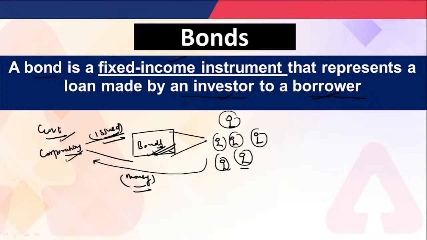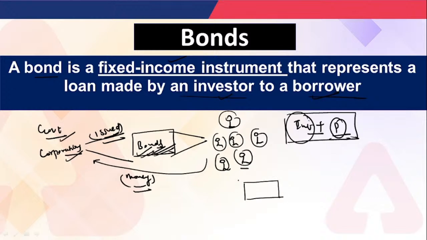In respect of that, the government and corporations make a promise to the general public through the bond: they will provide interest as well as principal at the maturity time, while interest is paid at regular intervals and principal is paid at the maturity time.